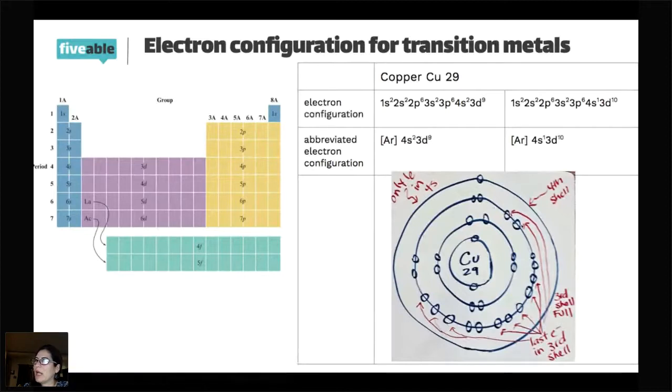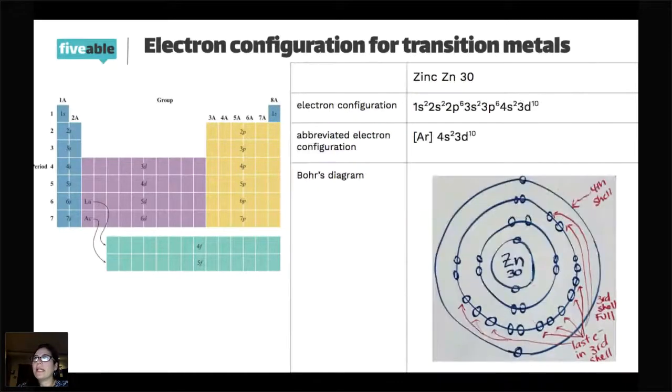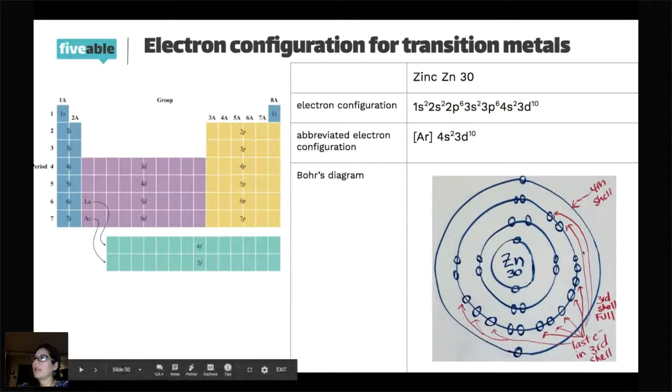Now we have the third shell full with 18 electrons, with one valence electron in the fourth shell. So zinc, location here, we will have this data. Now the third shell again will be complete, and the fourth shell now has its 2 valence electrons.